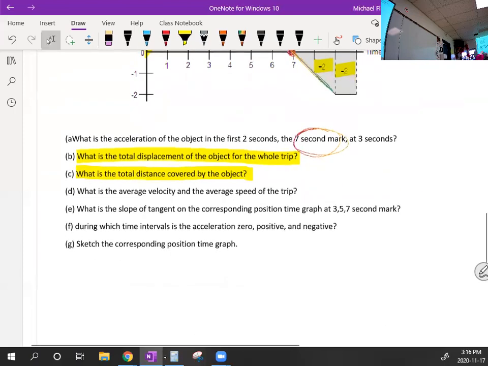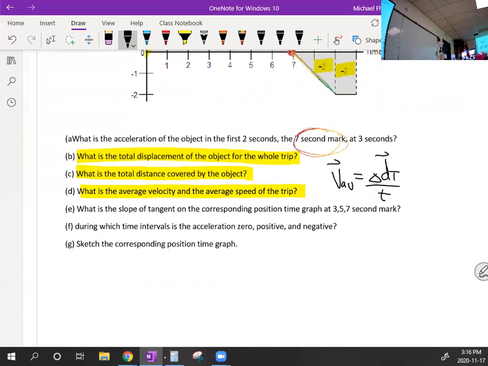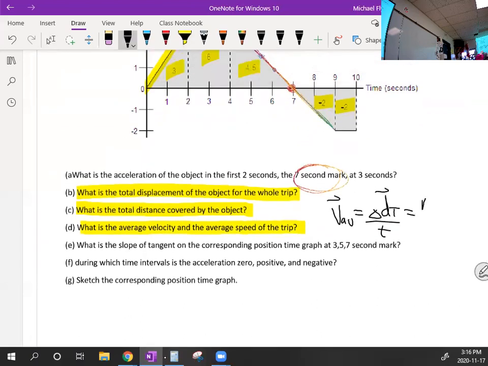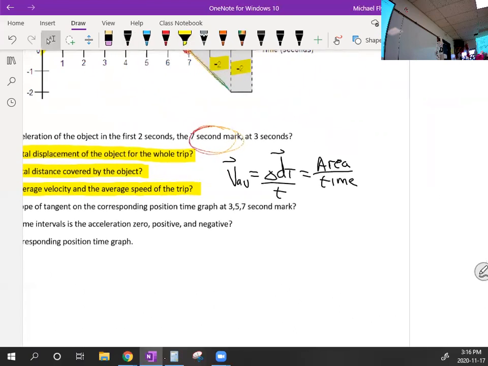Now, what is the average velocity and the average speed? Well, once you've answered question B and C, the average velocity is just the total displacement over time. So that's the area, right, over the time. Now the area including the negatives because it's displacement, right?